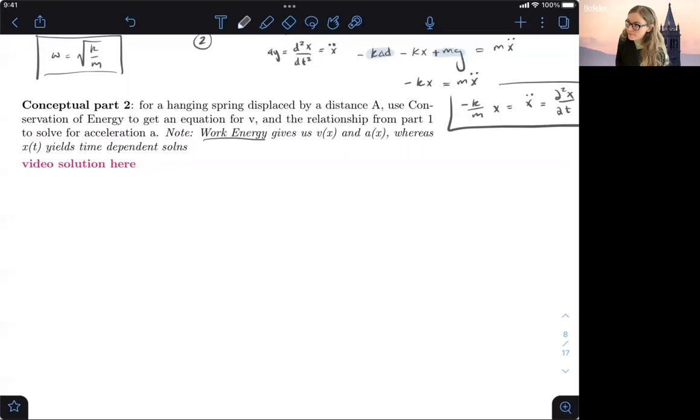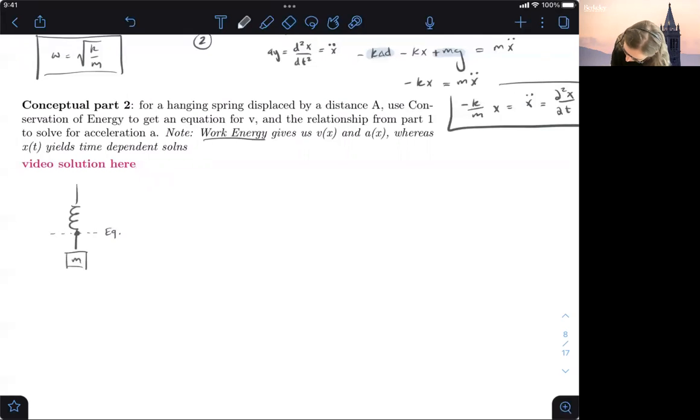Okay, so I have a hanging spring. Same type of problem, just a different approach. So I have this hanging spring with this mass, and we're going to say that this was my equilibrium position with the mass. Normally when we're given it, it's the equilibrium position that has been displaced down by the actual mass.